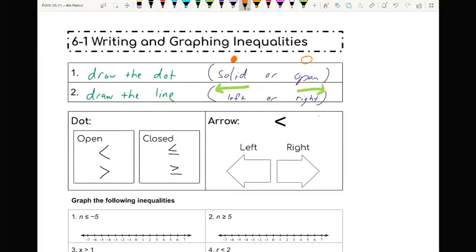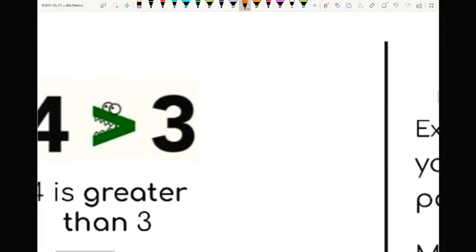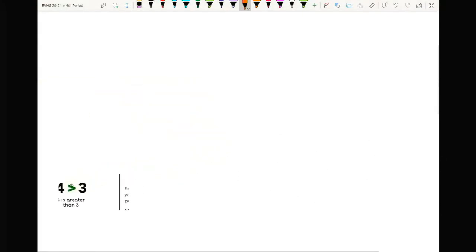Now, for what direction to go or to shade, what you've got to think of is that small is less than big. There's 1,000 different ways teachers have taught you how to remember what direction the inequality signs go. It seems like the most common one's the alligator, which, hey, look, we even put the little alligator on that one right there for you. Alligator wants the bigger meal.